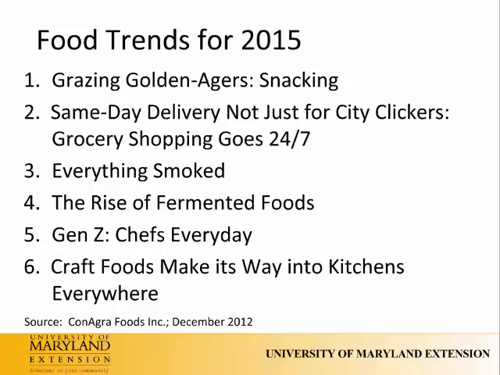These types of food trends are all over the place, and lots of different experts in the area do these forecasts. You can see the 6 down here: snacking, grazing, Golden-Agers, people grocery shopping 24/7, smoked products, fermented foods.